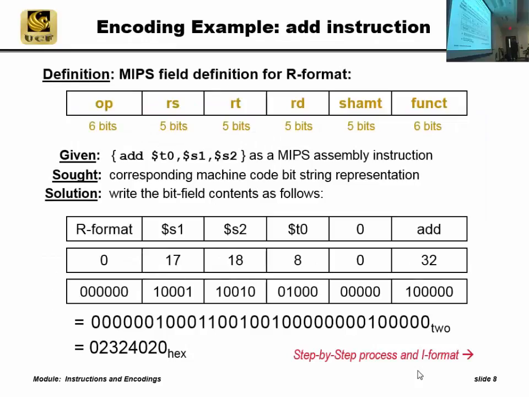So, here's an example. For our format, it goes op, rs, rt, rd, shift amount, remember shift, and a func. Here we're given another instruction. Determine the bit stream. So how do you do this? You convert each field one at a time in the format.